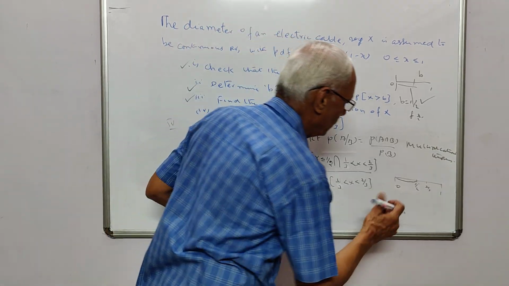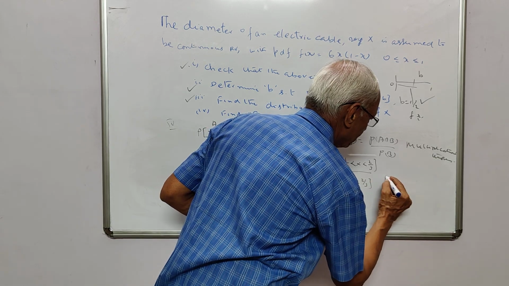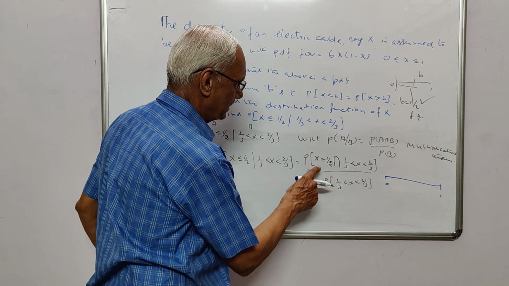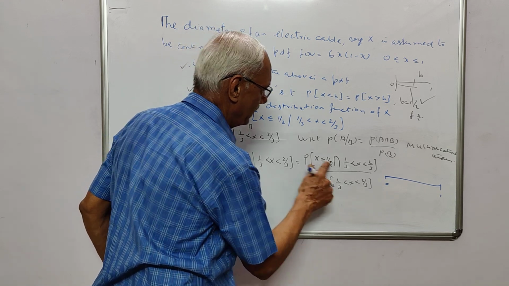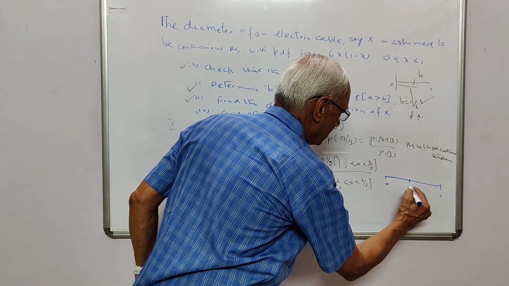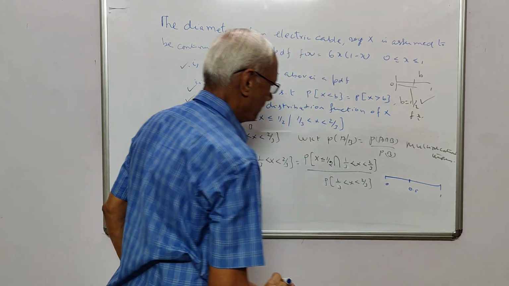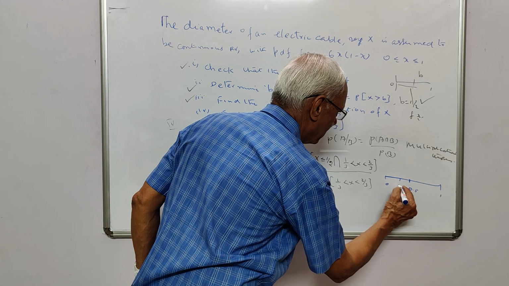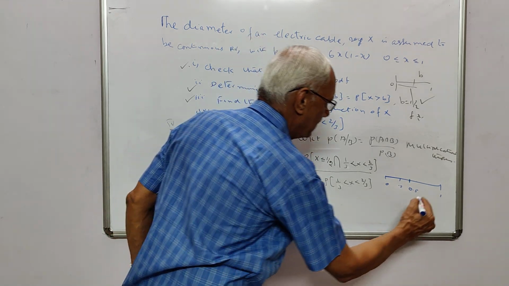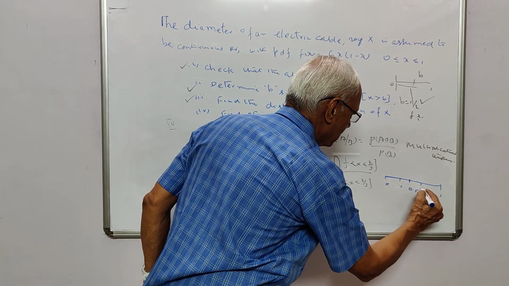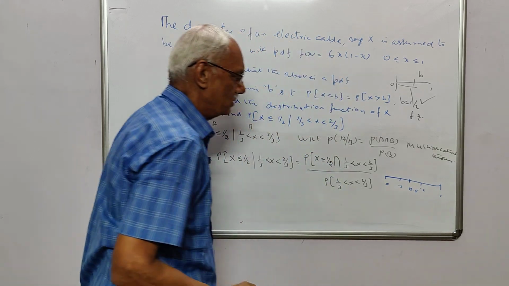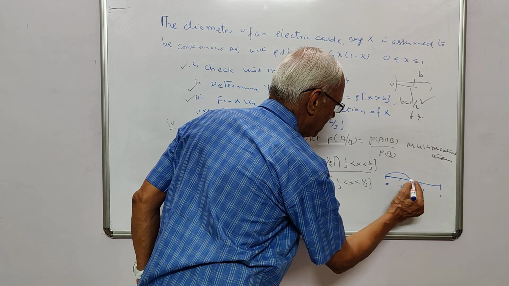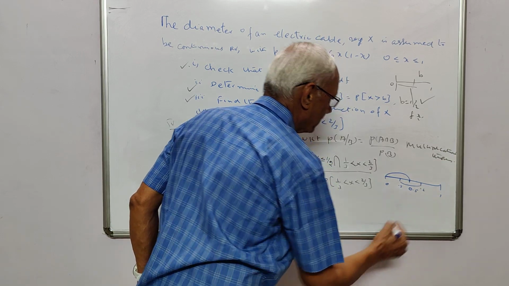so here let me do like this. See, half is here, 0.5. 1 by 3 is 0.3 somewhere here, and this is 0.6. So you see that it is between this and this.